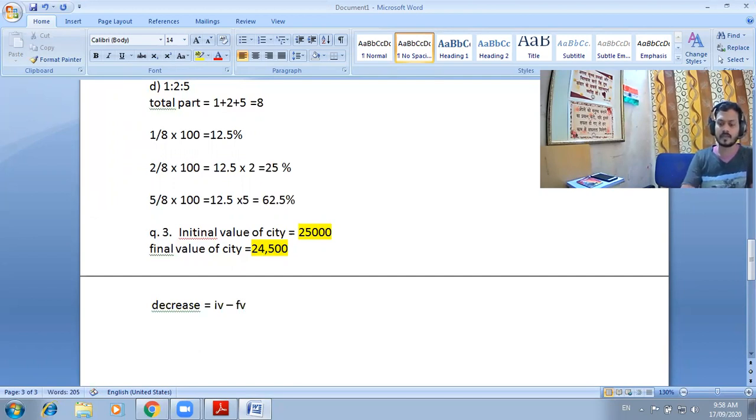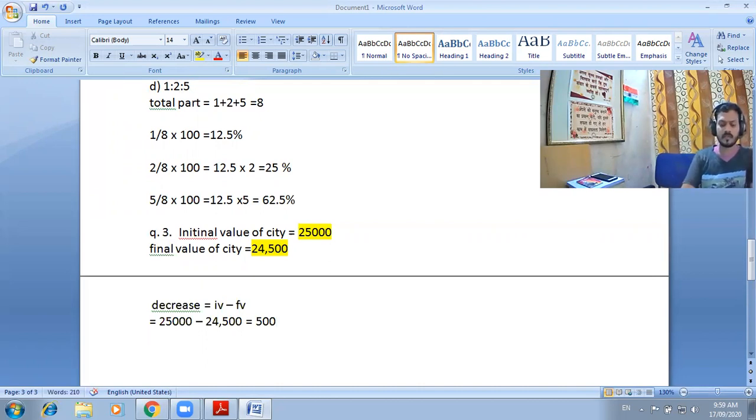So the initial value is 25,000 minus 24,500. What is the decrease value? Only 500, only 500.